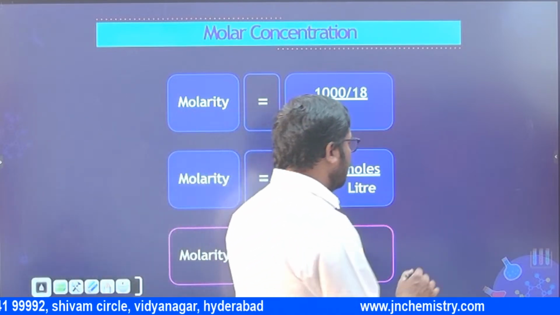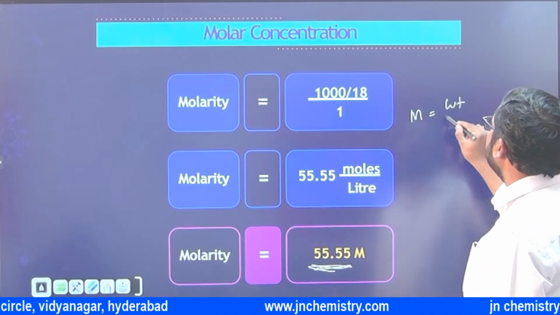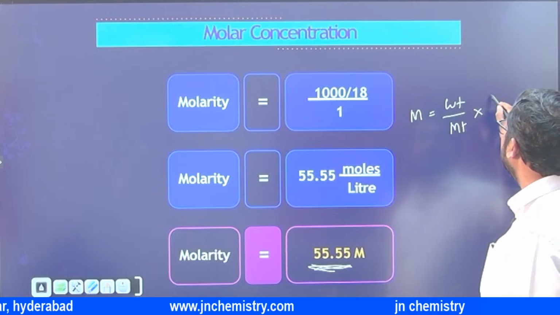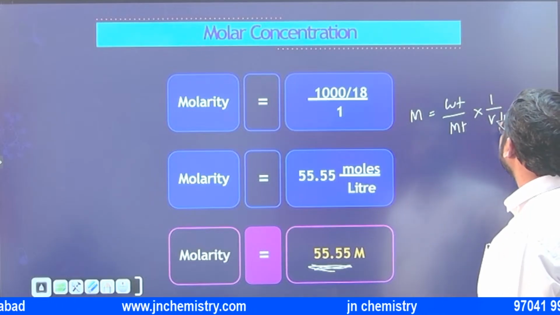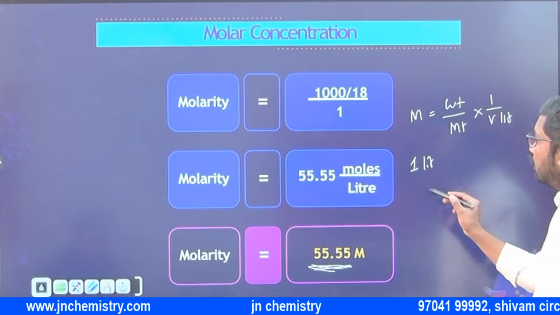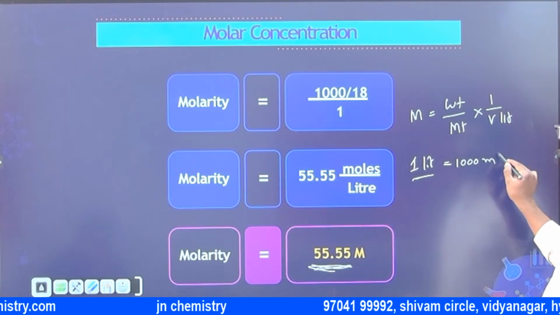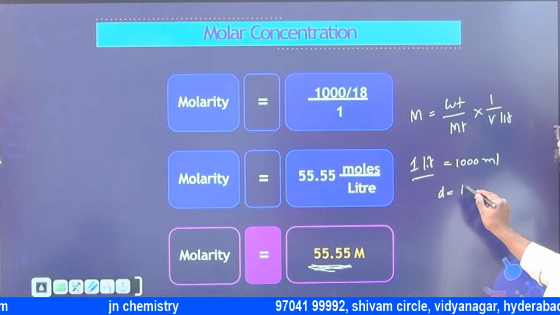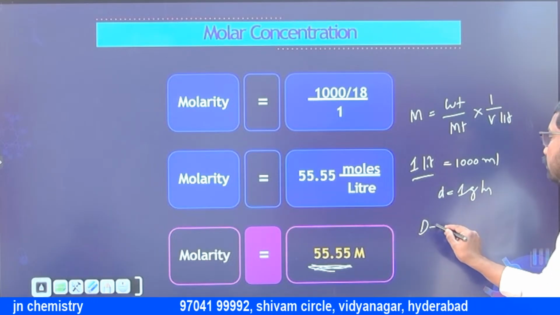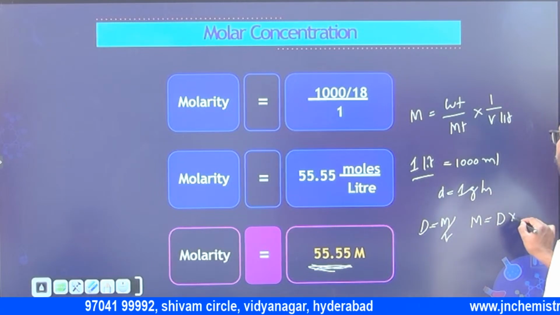Once again I am telling, molarity is equal to weight by molecular weight, which is number of moles, into 1 by V in liters. For 1 liter, we are discussing, 1 liter is nothing but how many ml? 1000 ml. Density is equal to 1 gram per ml. Density is equal to mass upon volume, so mass is equal to density into volume.